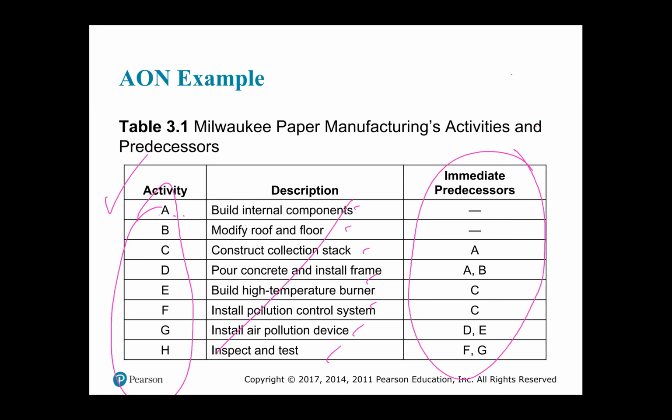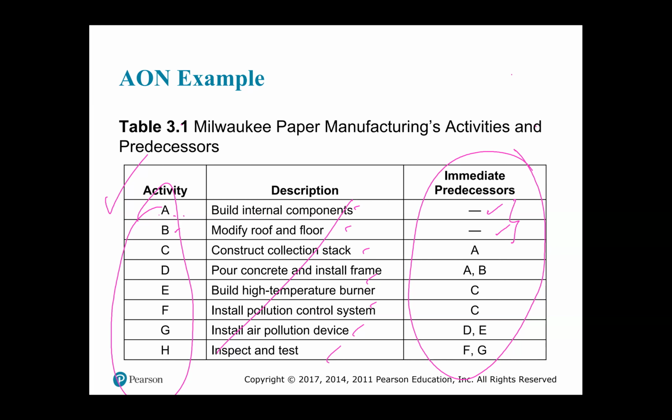So activity A, you notice there is a dash under the column immediate predecessor. Likewise with activity B, there is a dash. Well, this dash means that they have no immediate predecessor and that in the drawing of the network, they will come at the beginning of the drawing of the network.